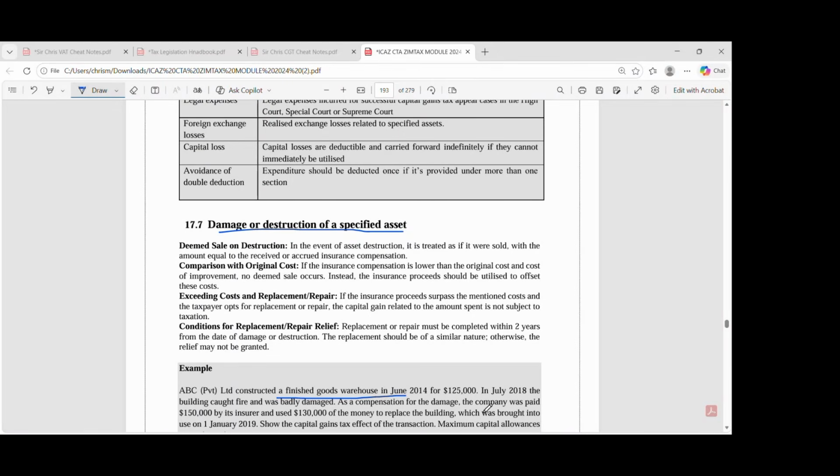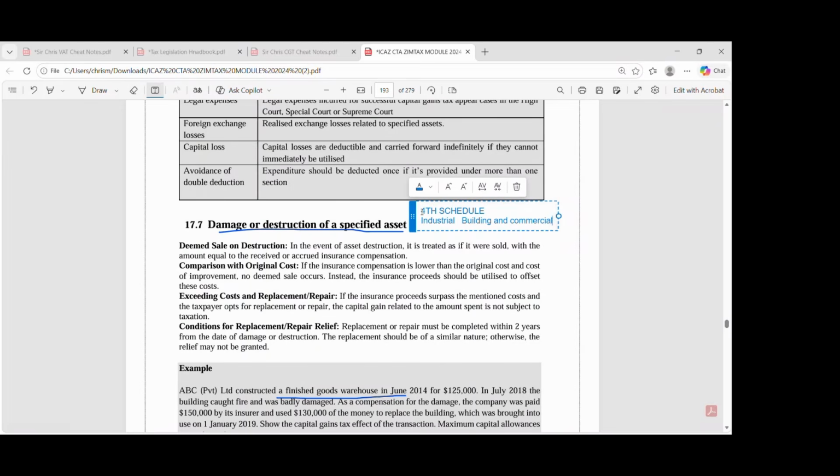Don't forget, if we go to our income tax, to be specific, if we go to our fourth schedule, they define my assets. One of the issues which could normally confuse students is distinguishing between an industrial building and a commercial building.